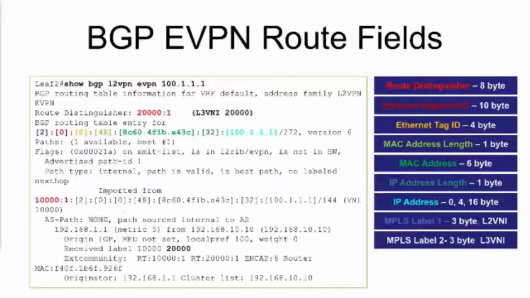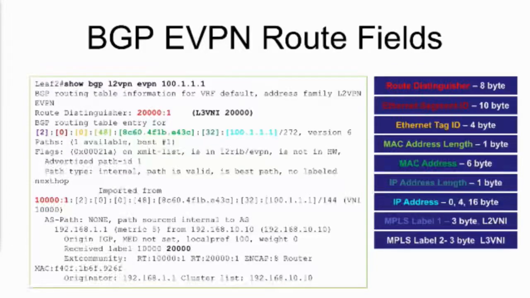Now, how does the layer 3 VNI information look? You have a prefix 100.1.1.1, which is assigned to a particular end host of the VTEP. On the remote side, you will notice you have the route distinguisher and a similar layer 3 VNI field, but now you also have the IP address length and IP address populated in that prefix itself. Obviously, the size of the prefix will increase because of the information carried.